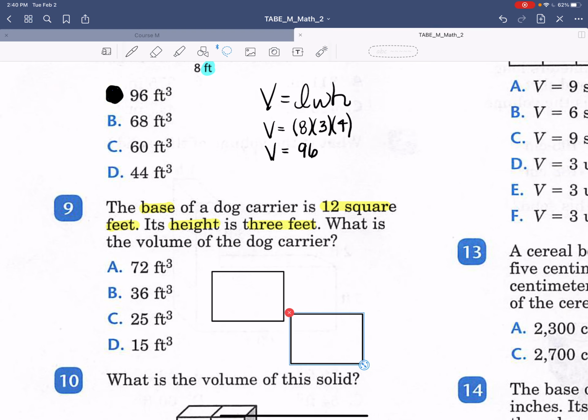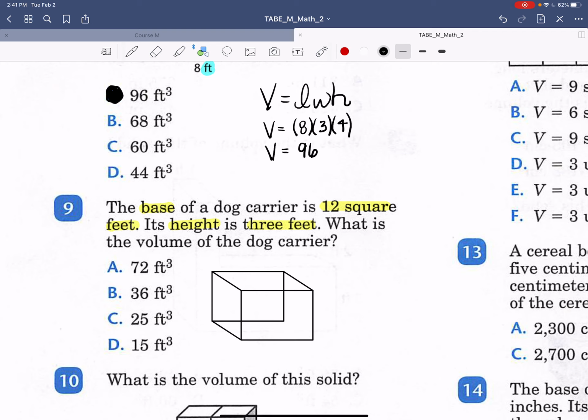I really like to draw this type of problem because of that base thing. That's not always easy to catch. But one clue is that they're talking about square units. So they're wanting us to count, this is the base, right in there. And they're telling me that that is 12 square feet. And then they're counting this as the height, which is 3 feet.